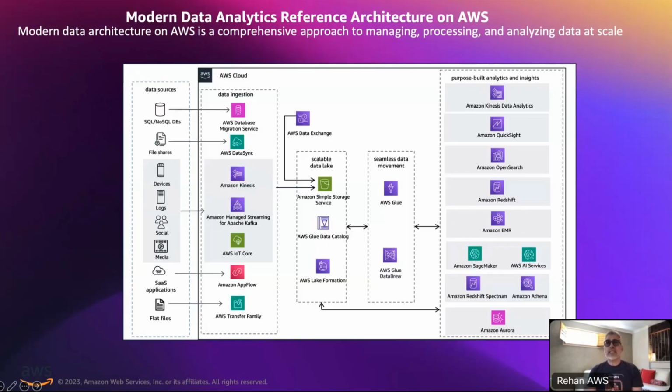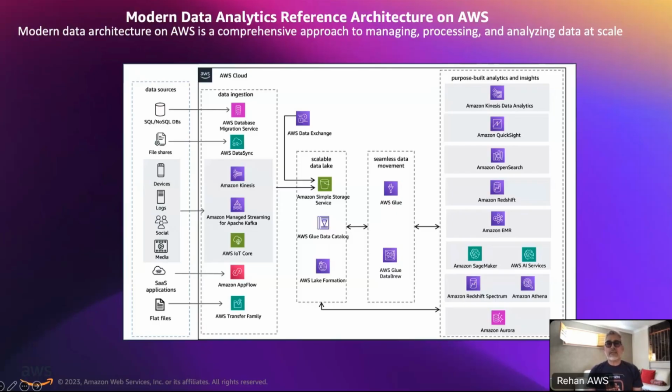So modern data architecture, what is it? Modern data architecture on AWS is a comprehensive approach to managing, processing, and analyzing data at scale, right? So from left to right, you have different data sources, and data is collected from those sources, such as enterprise applications, SaaS applications, edge devices, logs, streaming media, flat files, and social networks.